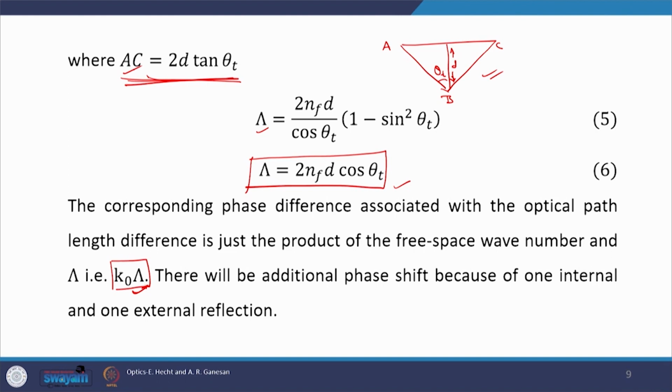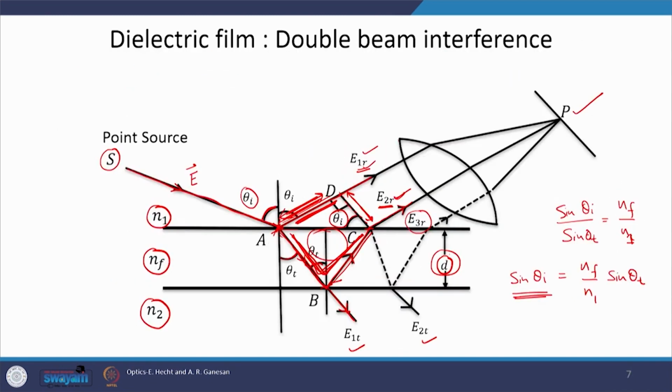But apart from this phase difference, there would be some additional contribution. What is that contribution? The additional contribution would be because of the different nature of reflection involved here. Here one reflection is internal while the other is external. What is the difference? Now, you see in this figure, the ray is falling at the first interface and then it is getting reflected.